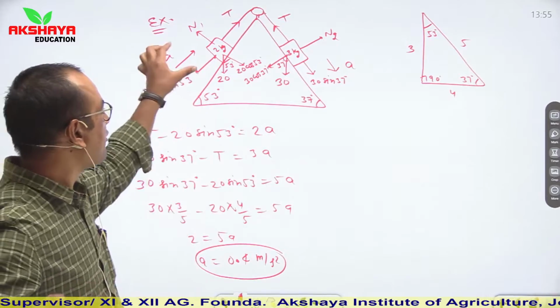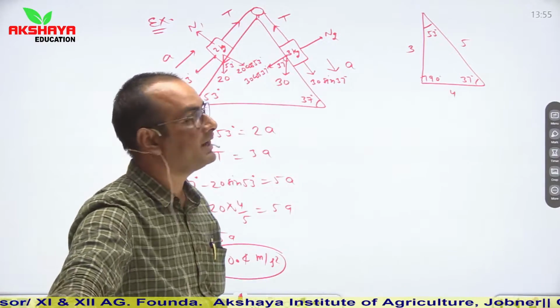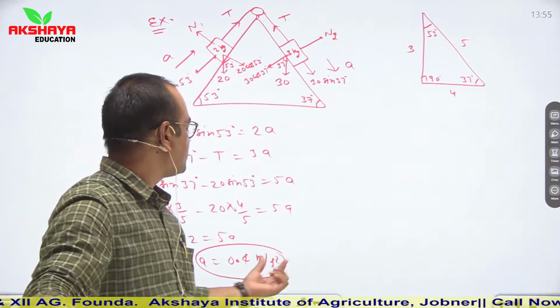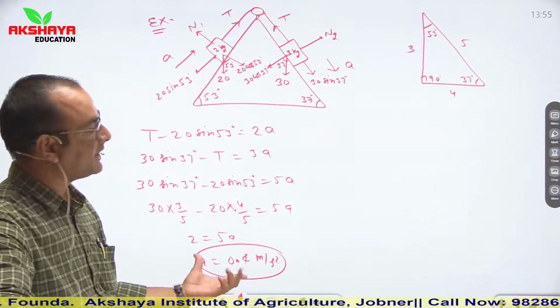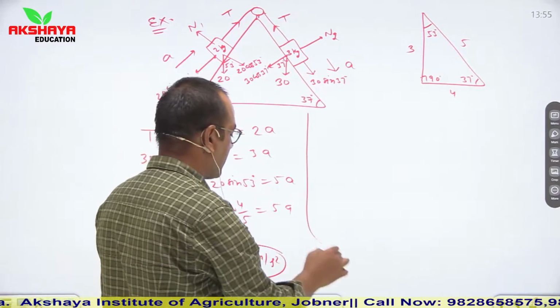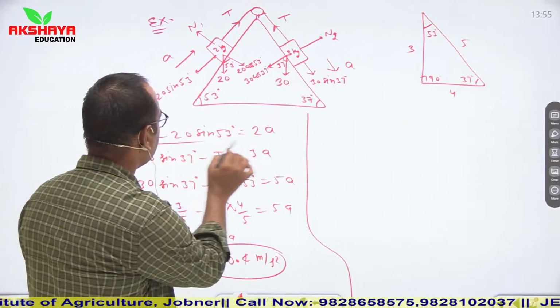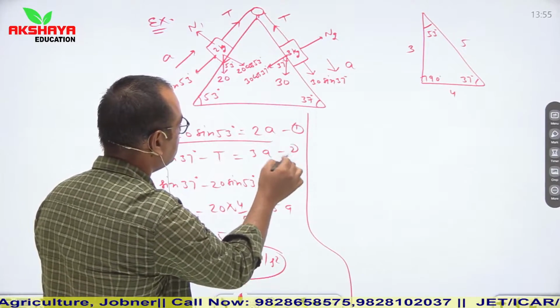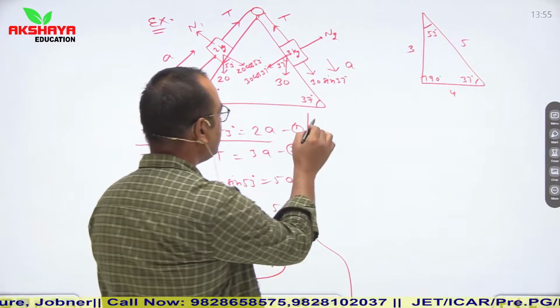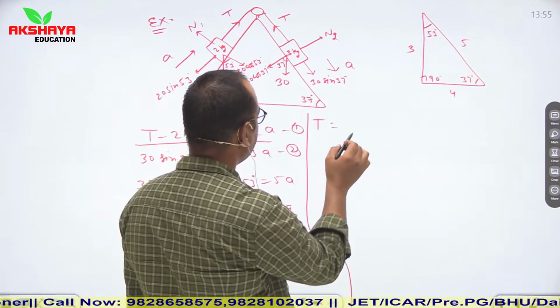It means block of mass 2 kg and 3 kg will accelerate by an acceleration of 0.4 meter per second square. Second thing, you have to calculate tension in the string. So place value of acceleration in any one equation, either in 1 or 2. So T is equal to 20 sin 53.